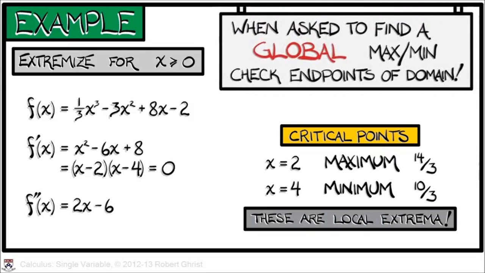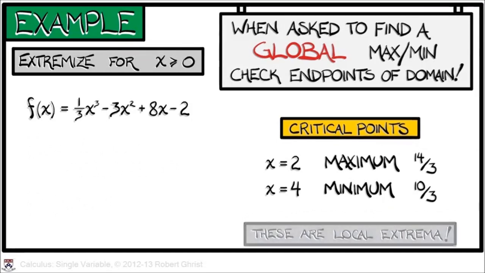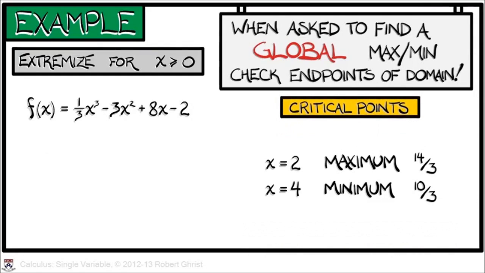When you're asked to find a global max or min, you must check the endpoints of your domain. These endpoints are critical points, since the function and/or its derivative may not exist there. Let us therefore check the endpoints of our domain. Remember, our constraint is that x must be bigger than or equal to 0.